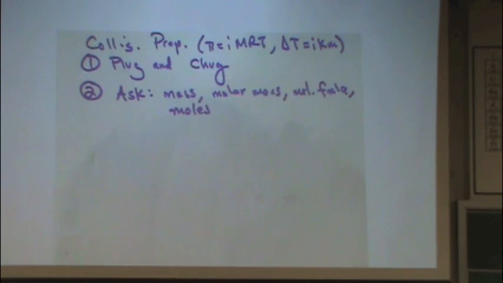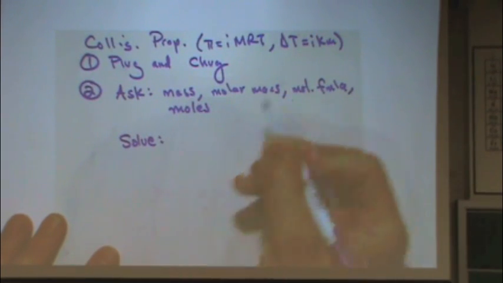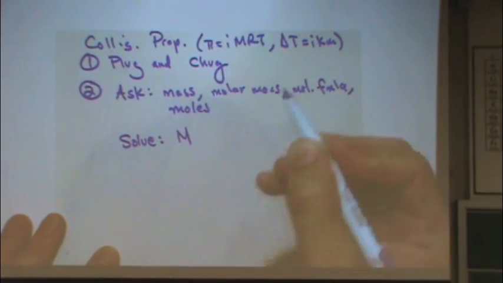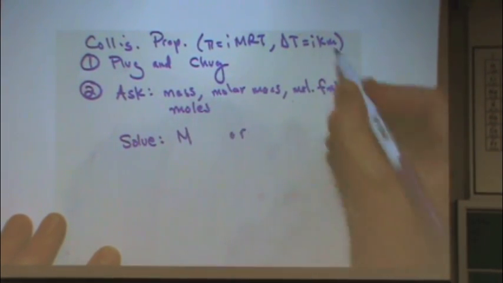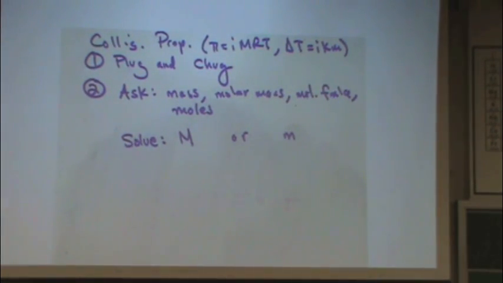So we ask for one of those things, and the tricky part is depending on the formula you're looking at, it doesn't have any of those variables in it. So what we want you to do in that case is take these formulas. For the first case, you want to solve for molarity. In the second example, this second formula here, little m, molality.